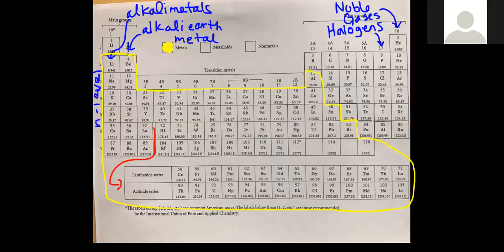Notice that most of the periodic table is metals. So now it kind of makes sense that these are called alkali metals and alkali earth metals, right?